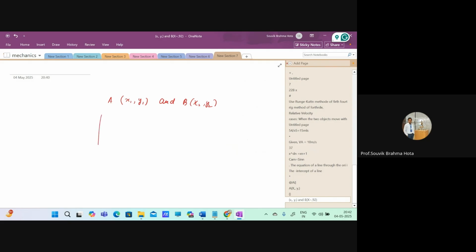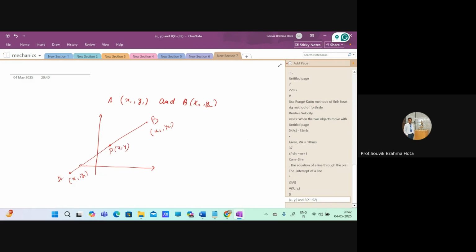If I draw a Cartesian coordinate and a line AB, point A is x1 y1 and point B is x2 y2, and suppose not exactly in the middle, a point P is there with coordinates x comma y.